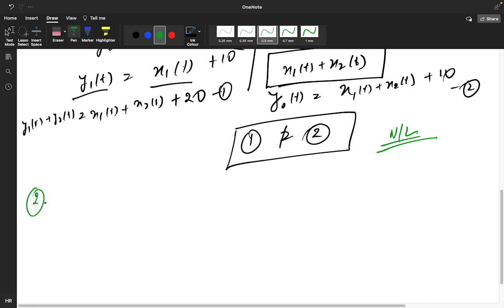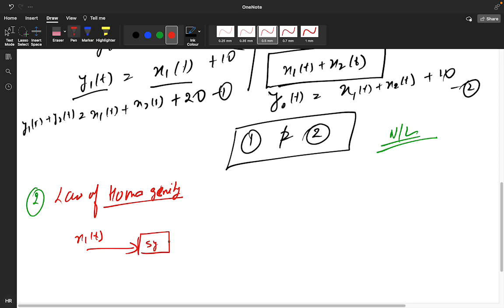Now there is the second law, homogeneity. How will we check the homogeneity principle? You apply x1 of t to a system and get y of t. You multiply that by k and get k y of t.